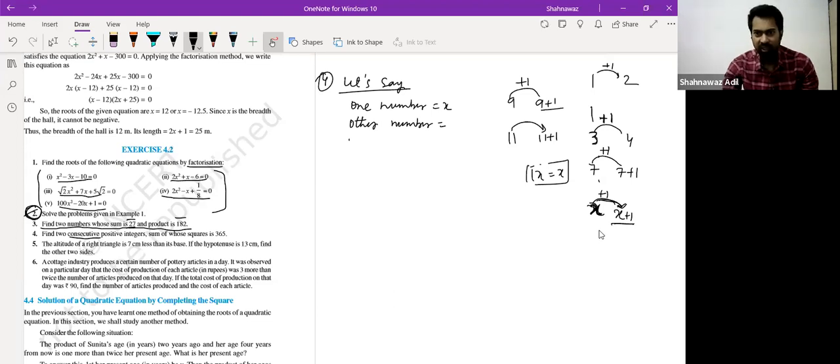If one number is 3, the other is 3 plus 1, which is 4. If this is 5, that would be 5 plus 1, which is 6. If it is x, the consecutive next number would be x plus 1, right? Did you understand this part?